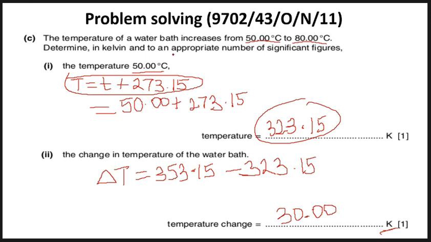Because we are told to present our answer in the appropriate number of significant figures, and the highest I'm having is 4 significant figures. That's 1, 2, 3, 4. So this is going to be also 4 significant figures, 1, 2, 3, 4. Then as well as this, the appropriate number of significant figures right here is going to be 323.15.